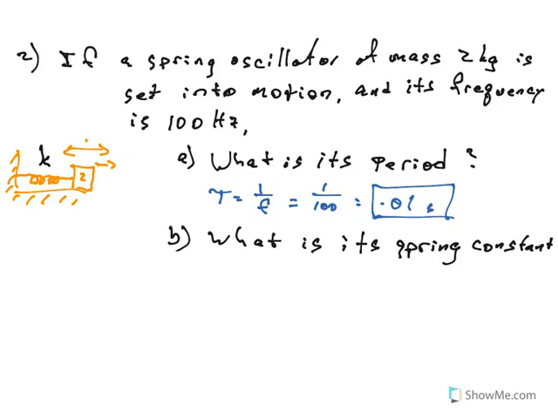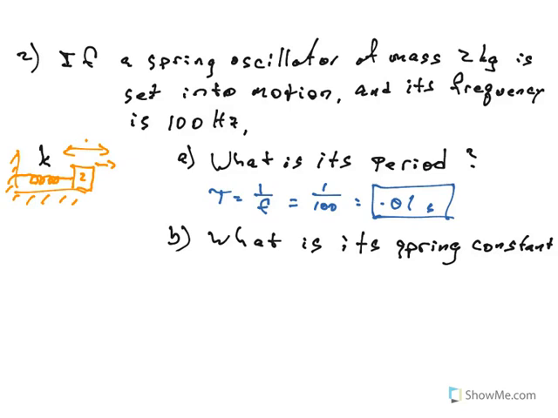Obviously, in order to do this, we need an equation, like the pendulum equation, which relates frequency or period to the variables related to a spring, like its mass or its spring constant or how far you stretch the spring and so forth.